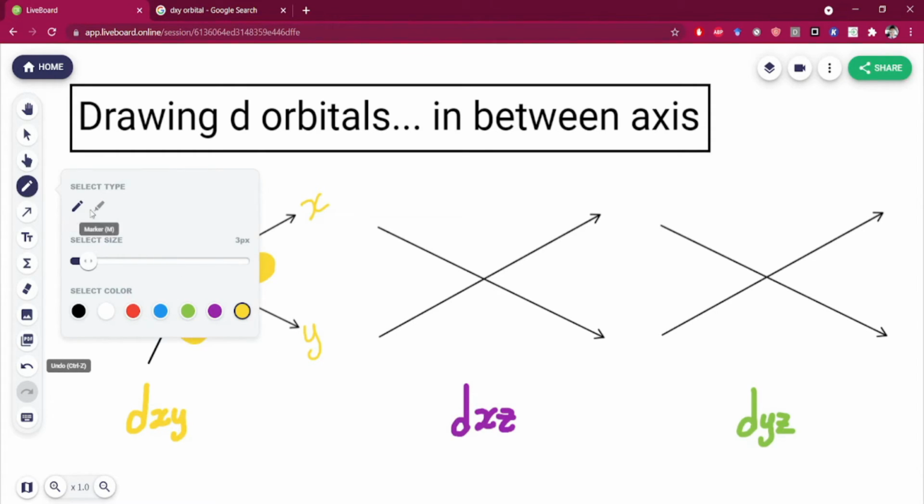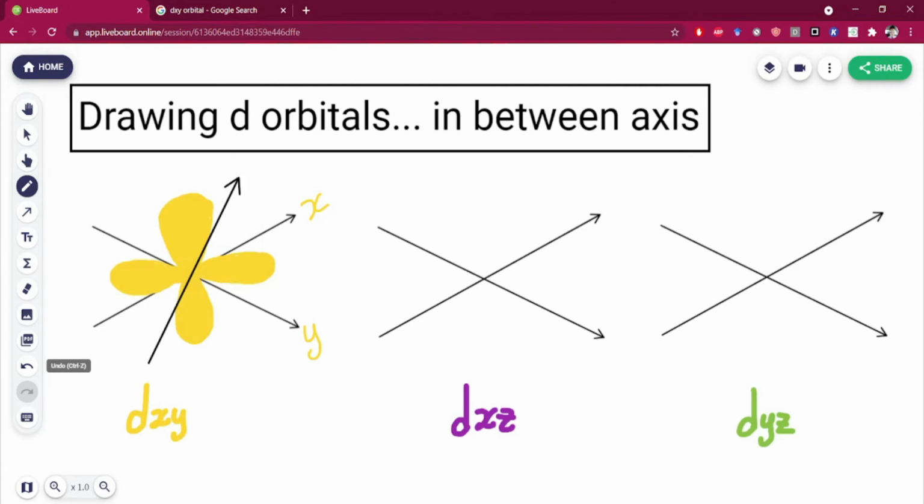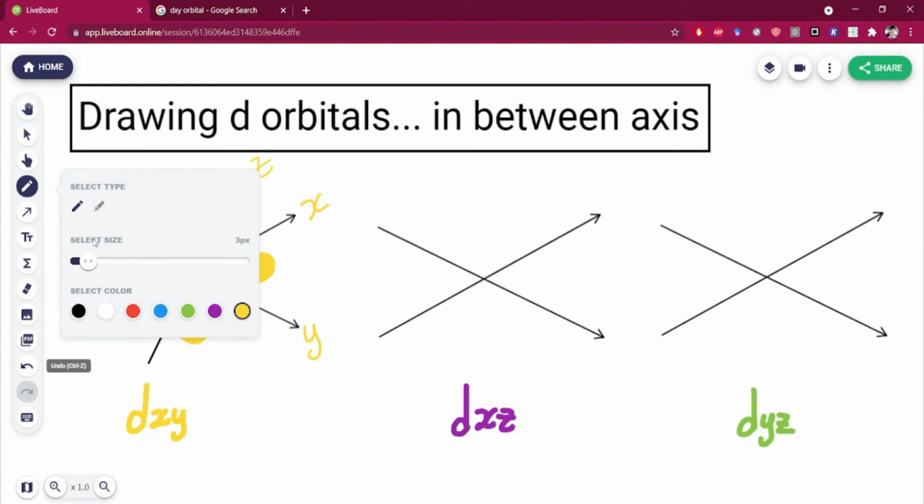Let's see if I can put yellow on those. Okay, something like that. So this is going to be your z-axis.